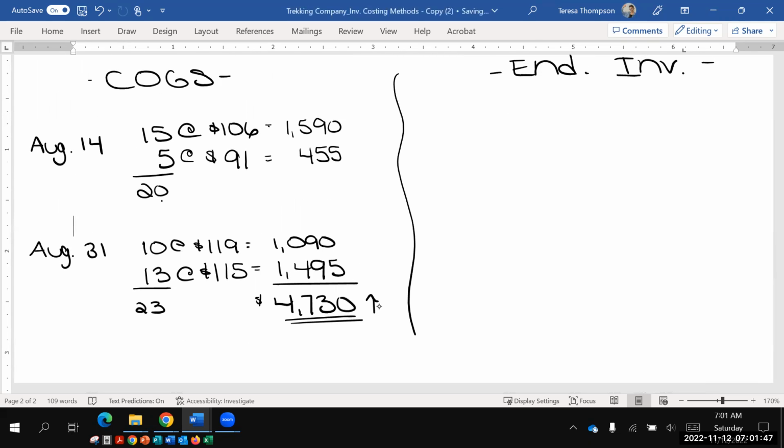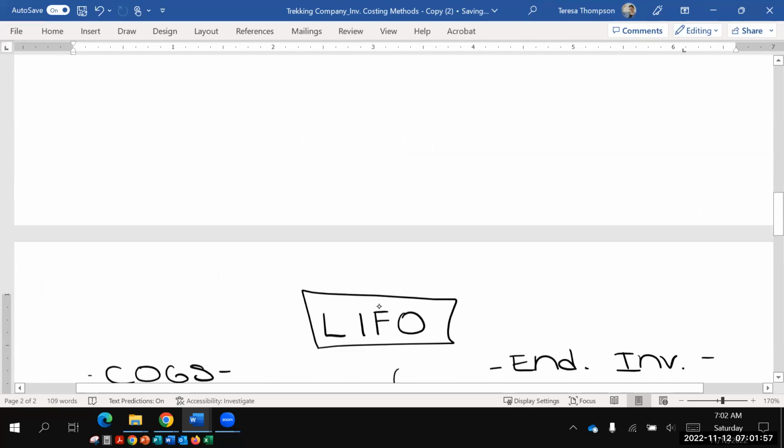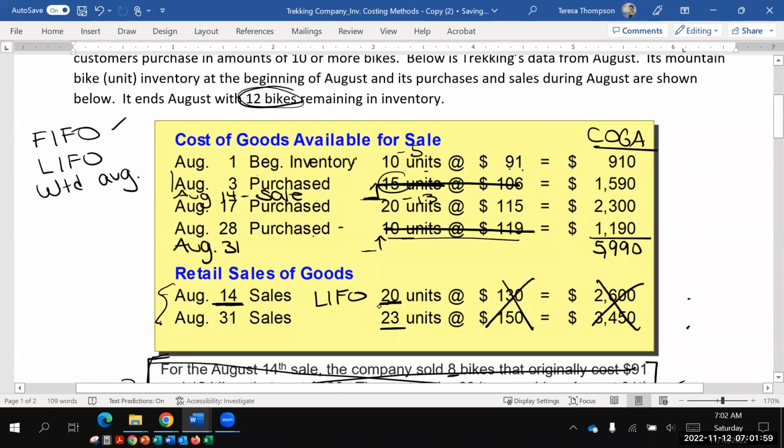All right, now we got to figure out what's left at the end of the month. August 31st, we know we have 12 units left. Let's figure out the cost of those 12 units. All right, all these were gone. Looks like we have 7 units left at 115. And then remember, we only took 5 units, so we still have 5 left at 91. And the 5 and the 7, that gets us our 12.